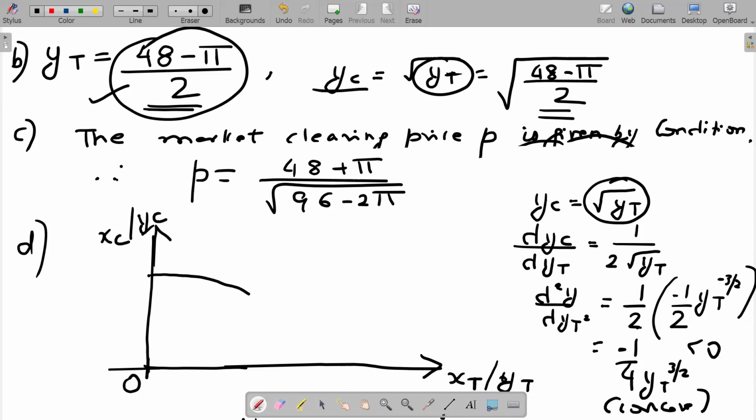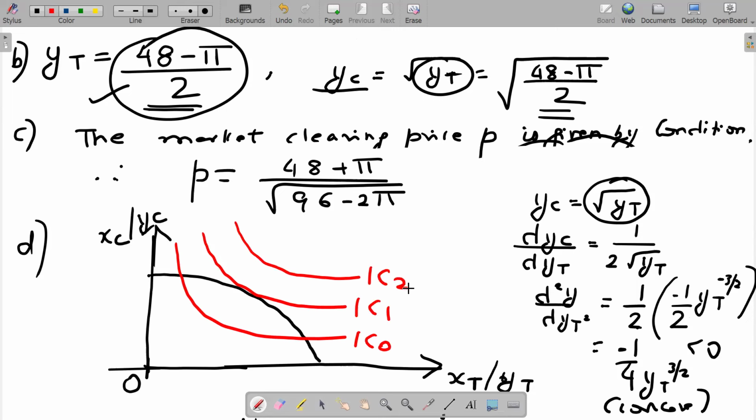So this is how it's going to look like. And my indifference curves are going to be like this. I can have a family of indifference curves, IC0, IC1, IC2, and so on. Because if you look at the utility function, it's XC times XT, so I have convex indifference curves.